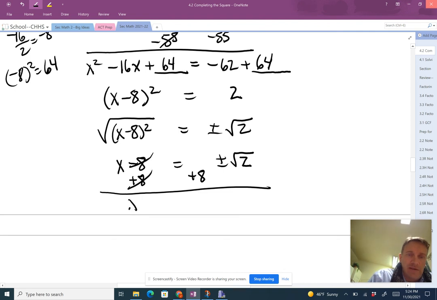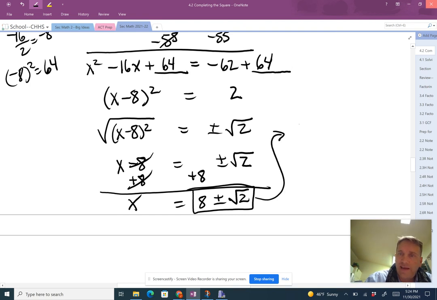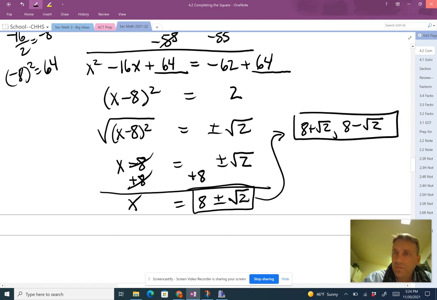Cancels the 8. X then is equal to 8 plus or minus the square root of 2, which in some circumstances you can just leave your answer like that, but we're going to rewrite it as two answers. That's 8 plus the square root of 2, or 8 minus the square root of 2. And both of those answers are equivalent to each other.